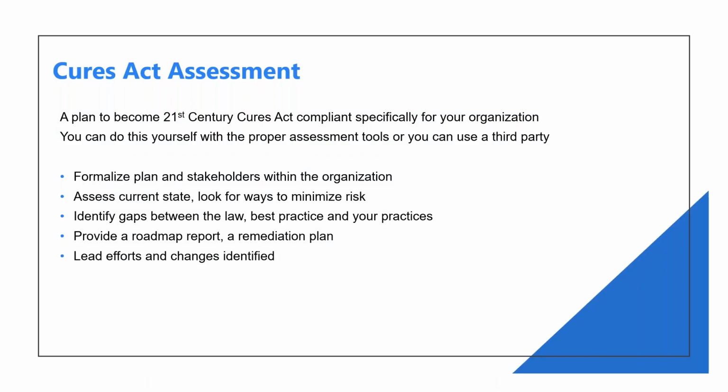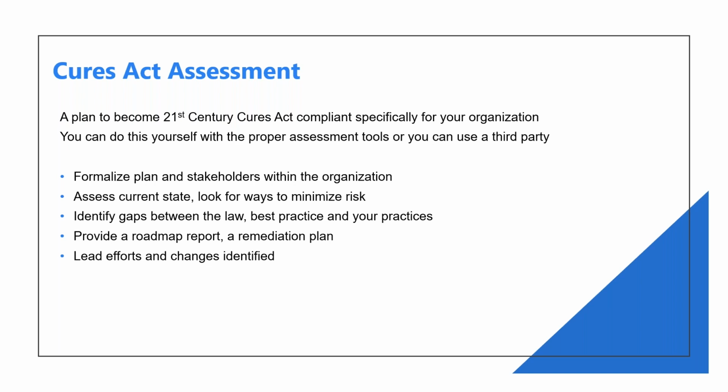All of that needs to be done in advance. And really formalize your planning with your stakeholders in the organization. This is from a grander scope. Address your current state, look for ways to minimize your risk under the information blocking rules. Look for gaps in the law and your best practices. What do you need to do to get there?